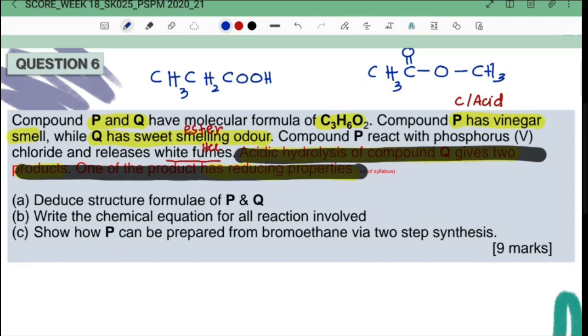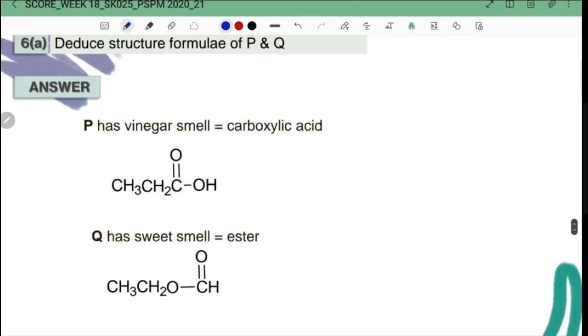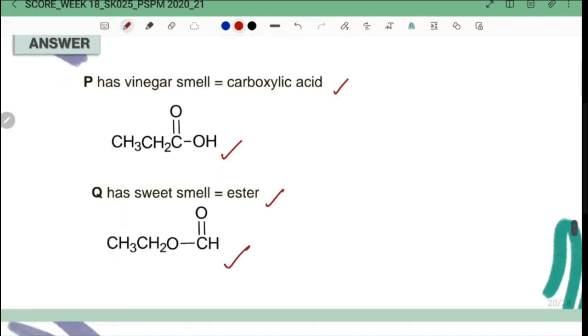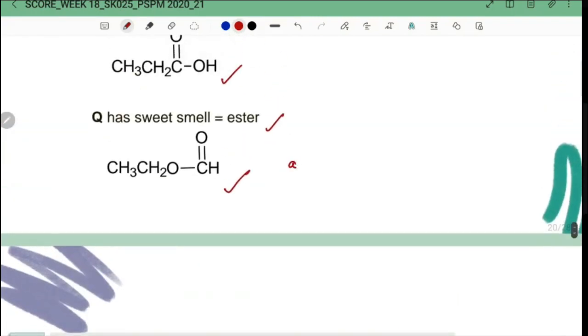For a reaction involved, saya hanya akan buat reaction with the phosphorus pentachloride lah. Okay, kalau kita tengok kat sini, deduce the structure P. P has vinegar smell, so this is carboxylic acid, so this is the structure. Q has sweet smell, this one is ester, and this is the structure. Ada dua structure sebenarnya boleh. Yang ni pun ataupun yang ini boleh macam tadi saya buat.